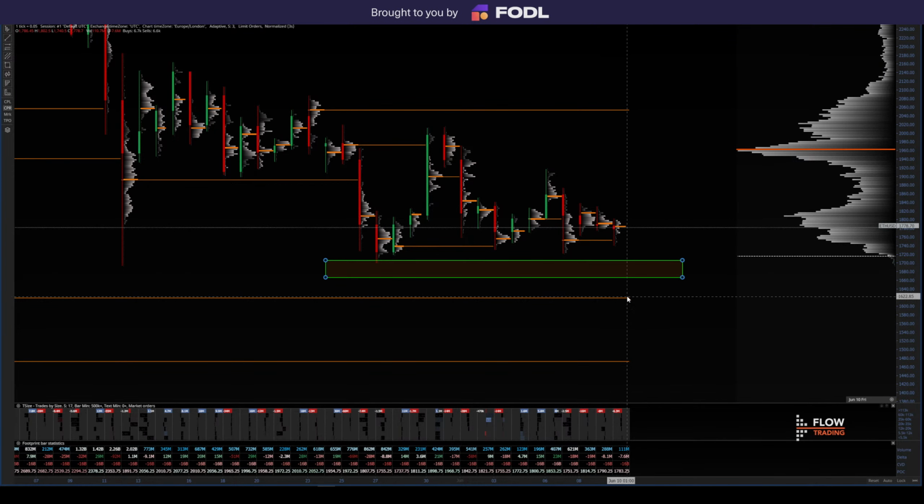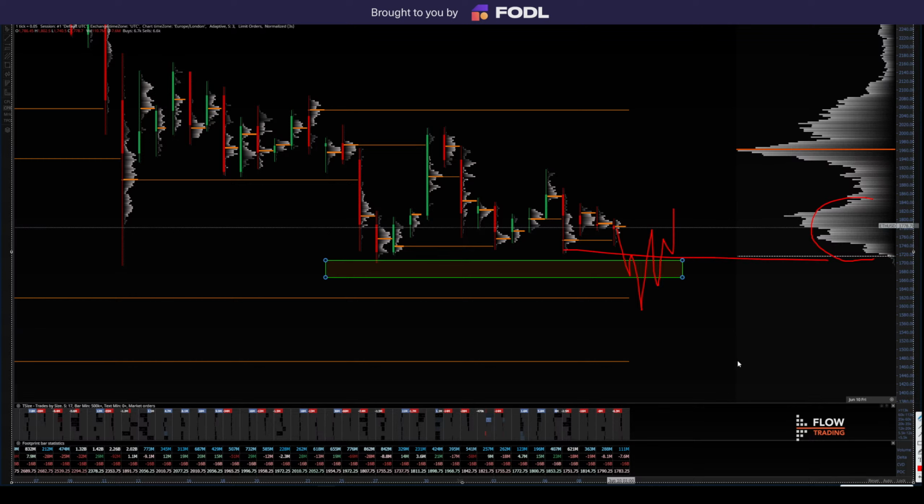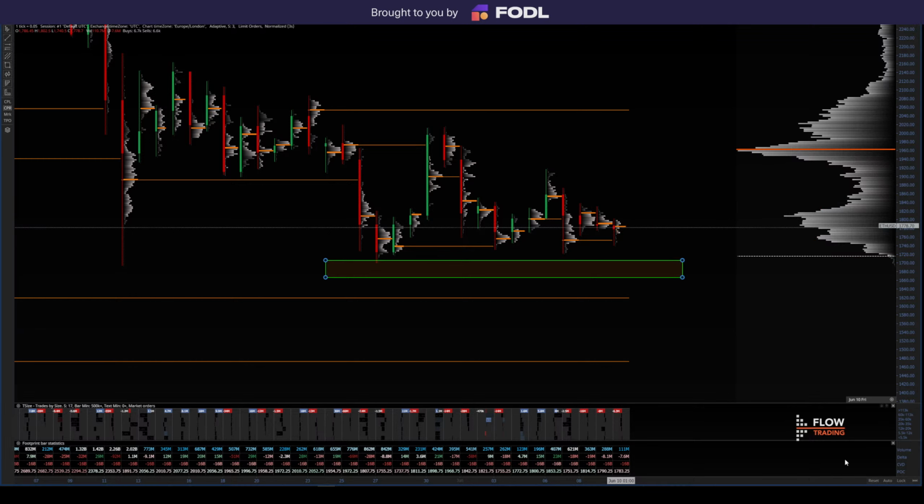And again, the key level is basically regaining this range again. Acceptance back inside of this volume cluster here. So potentially doing something like this and then reclaiming that. If it reclaims it, then great, then we could potentially see higher, but we've still got plenty of resistance above $1,800.